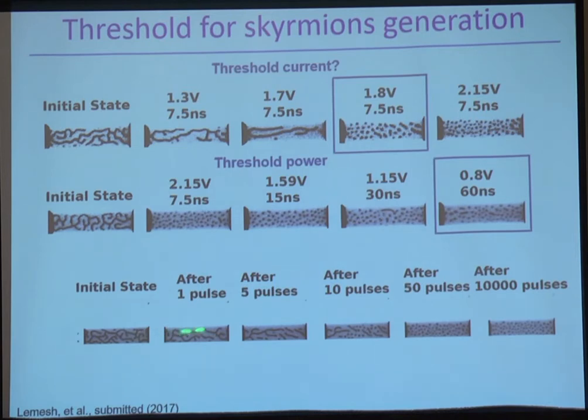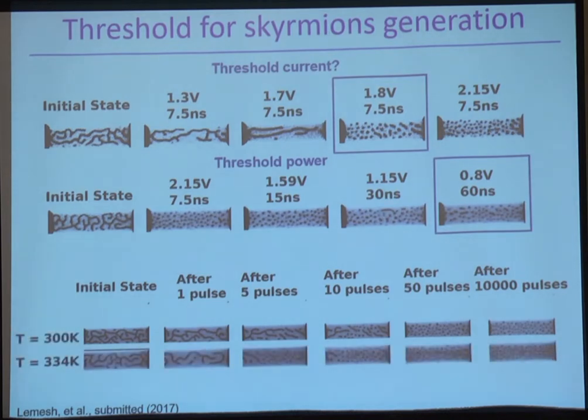If we look at this transition, it's not an instantaneous effect, it's a cumulative effect. So if we apply only one pulse, then we don't do much at all. If we apply 10 pulses, then we start to see some of these stripes breaking into skyrmions, and this is a progressive operation. And it's temperature dependent. If we go instead of room temperature to an elevated temperature, then we find we need fewer pulses to do the same job.